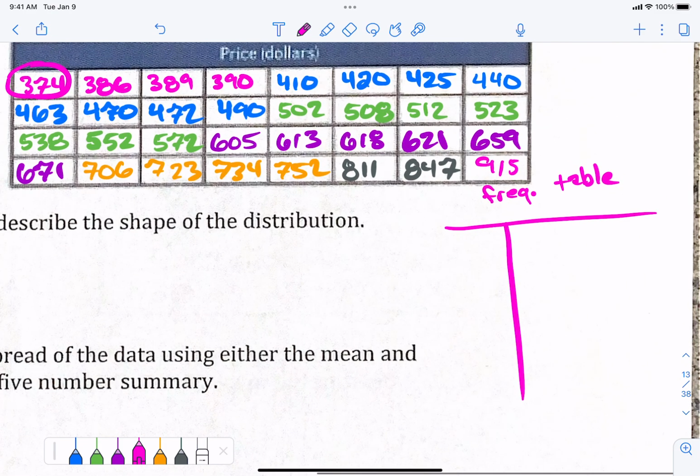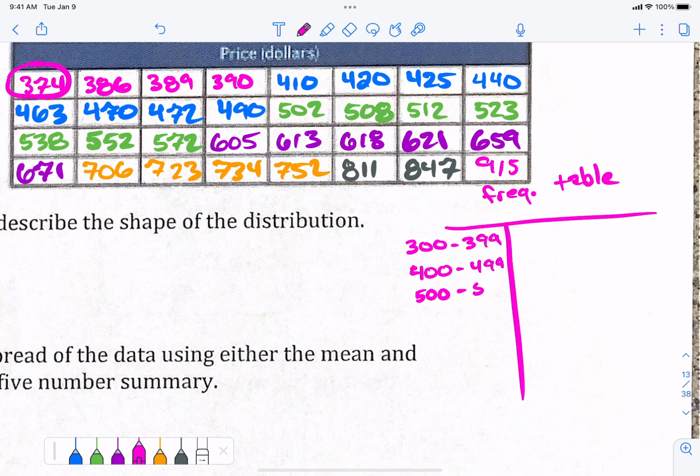Let's do that one. So we're going to do our classes, and we're going to go 300 to 399. And then wherever that one stops is where the next one starts. So 400 to 499. You see how we're setting these classes up? 500 to 599. 600 to 699.